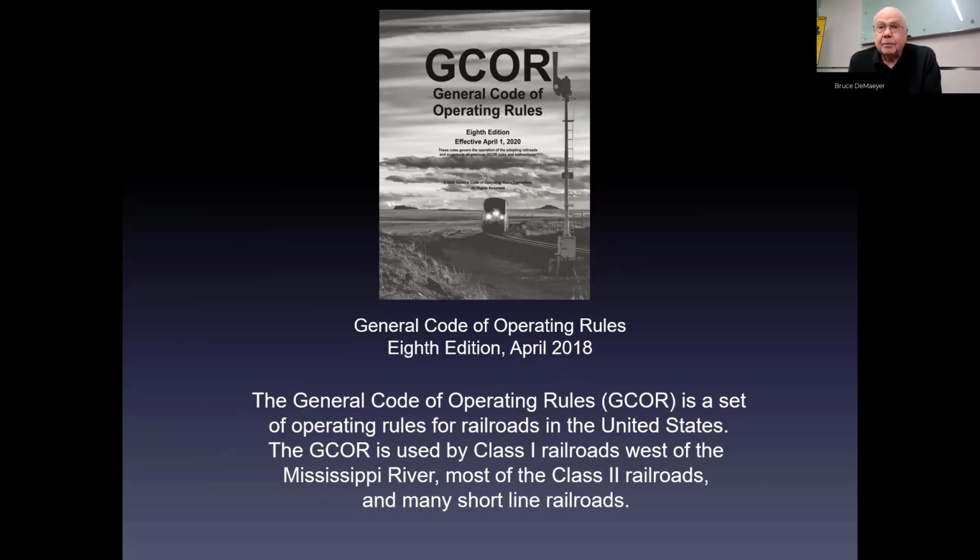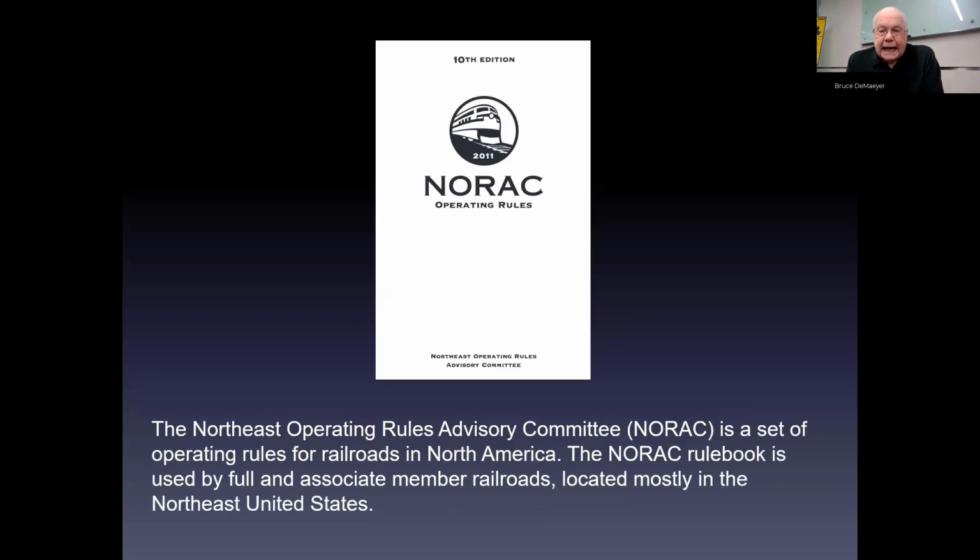That is a set of operating rules that is used by all the Class 1s basically west of the Mississippi River, most of the Class 2s, and many of the short line railroads. NORAC is a slightly modified version, a set of operating rules used basically by the Northeast United States. So your railroad, your prototype, will be in one of those two.